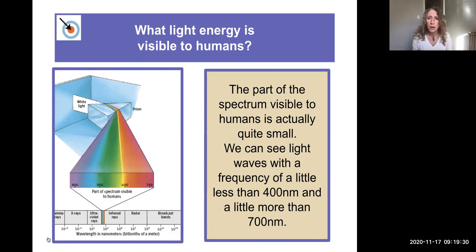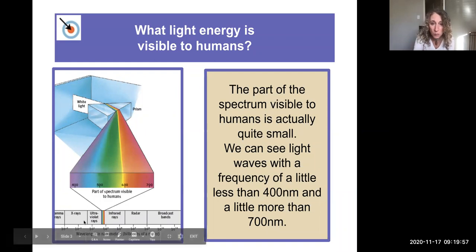So when we talk about vision, we always have to start with the light energy, which is the light that is entering your eye. And it has certain characteristics, and it has to do with wavelengths. How many waves, what's the height of the waves, and those characteristics can help us perceive what we see. And the light energy that's actually visible to humans is only a small spectrum of visible light.